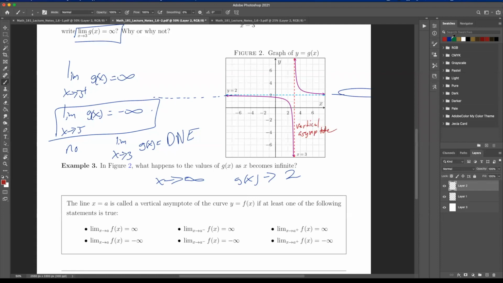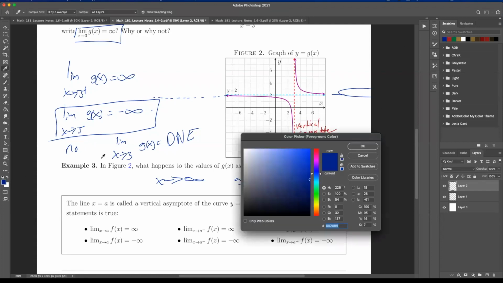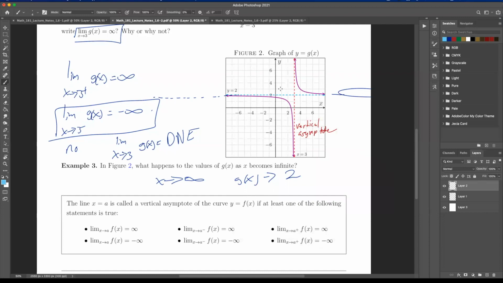And here in this light blue, let me make it a little bit lighter. Just hold on. I can get that color. There we go. We call this a horizontal asymptote. Horizontal. There we go, good enough. Go back to the blue.